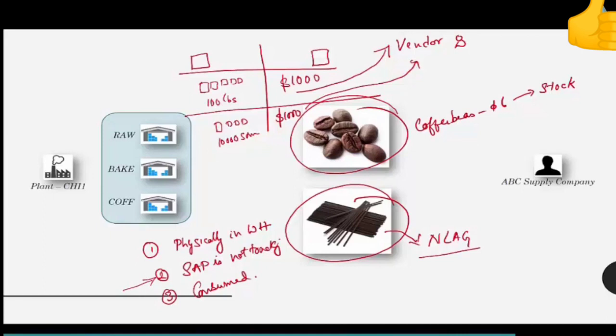Now when SAP is not tracking it, that means that it is off the books. And when something goes off the books, it has to be either consumed or damaged. When I mean consumed, there are many possibilities. A shop that requires coffee stirrers could consume it.